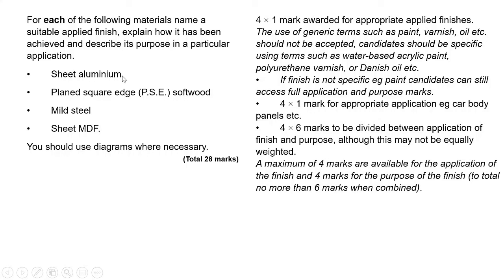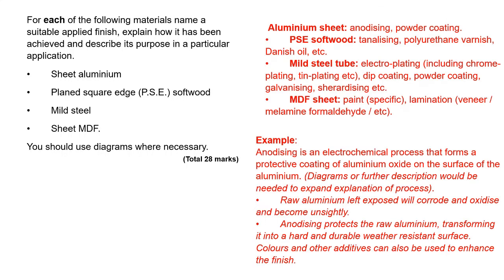So that means that basically, if you think you know more about, say, finishes and uses of MDF, you can write more about that if you don't know as much about, say, mild steel. Now, it's worth noting as well, if it says you should use diagrams where necessary, it is asking you to use diagrams. Okay? So there is just a broken down answer for you to have a look at as well.